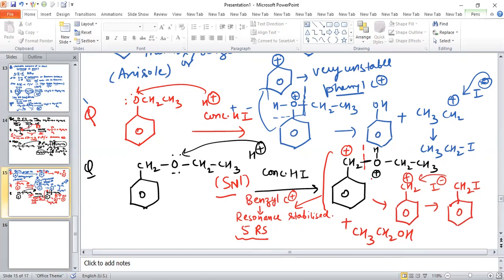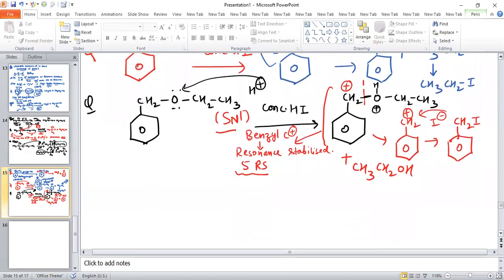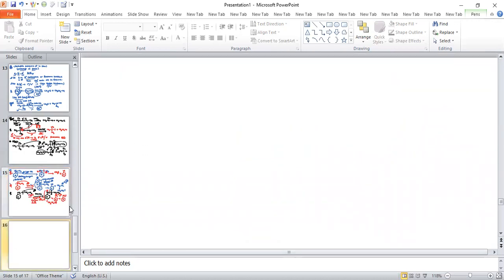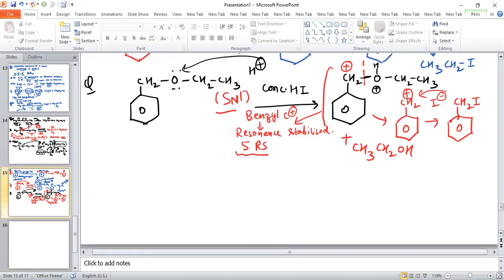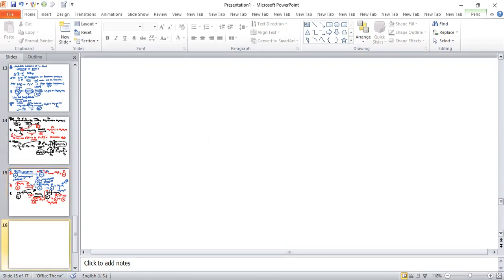Now see another question related to this. This question has also been asked in IIT and NEET AIIMS.